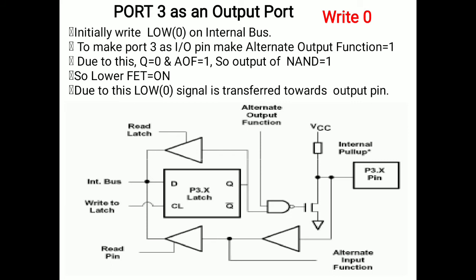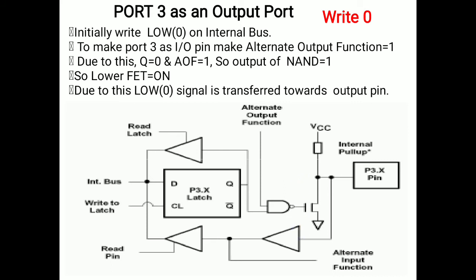For use of a port as IO, you should make this signal 1. So one input to the NAND gate is always 1, and the signal coming from the latch is 0. One is 0 and the other signal is 1, so your NAND gate output is 1.